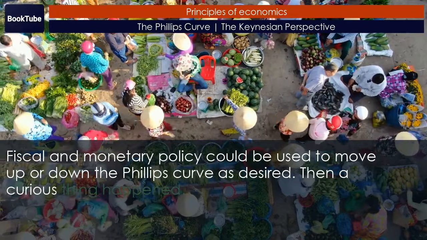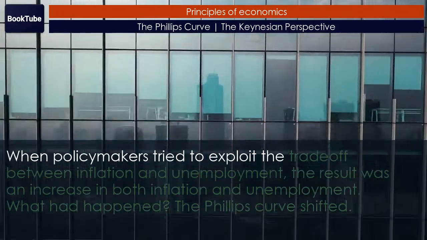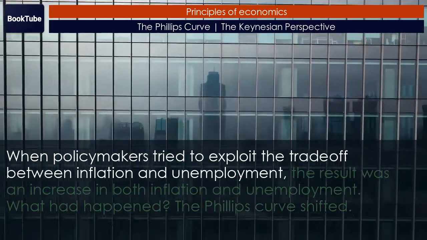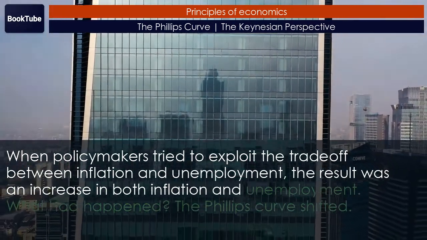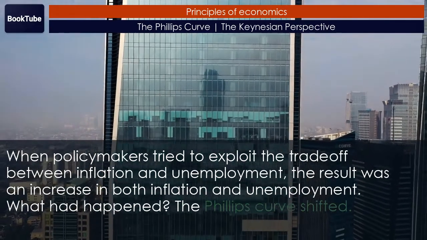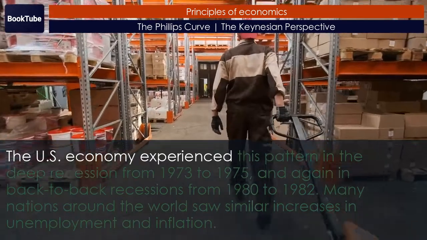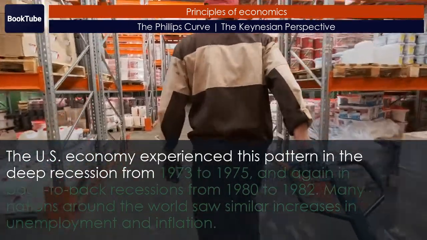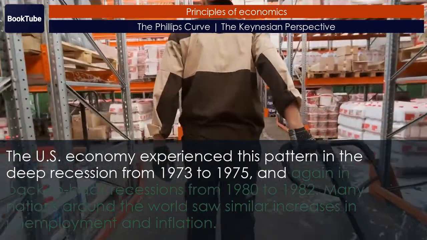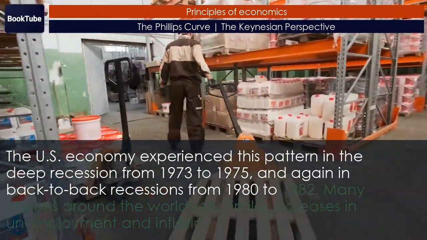Then a curious thing happened. When policymakers tried to exploit the trade-off between inflation and unemployment, the result was an increase in both inflation and unemployment. What had happened? The Phillips curve shifted. The U.S. economy experienced this pattern in the deep recession from 1973 to 1975, and again in back-to-back recessions from 1980 to 1982.